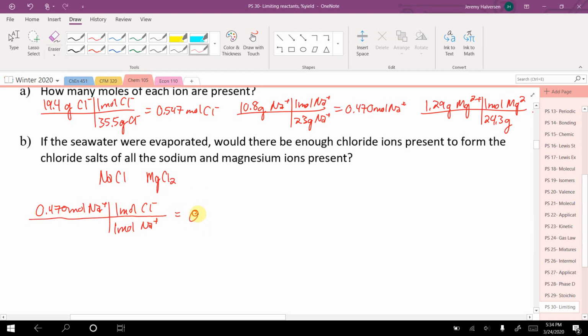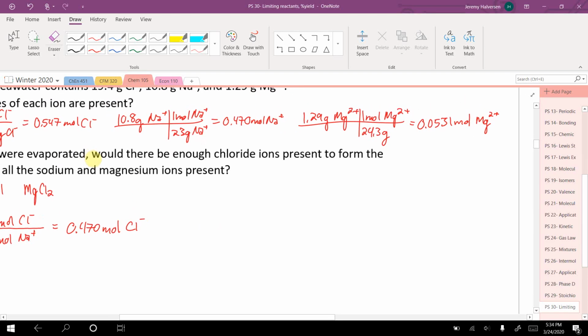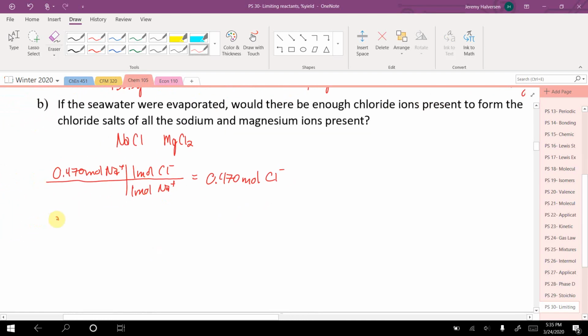So if I wanted to match all the sodium up, I would need 0.47 moles of chloride. Magnesium, I have 0.0531 moles. And for each of those moles of magnesium, I would need 2 moles of Cl minus.